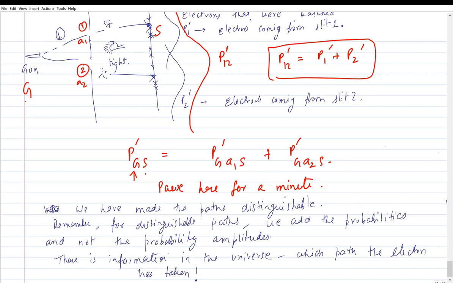So as long as someone in the universe knows which path the electron has taken, either this path or this path, then we add the probabilities. Now, you might ask the question, why does the universe care about this information?